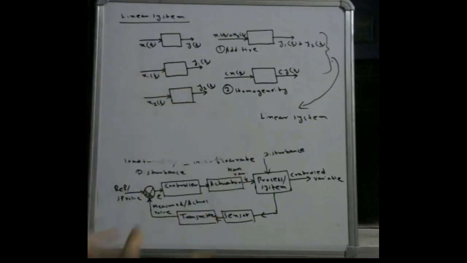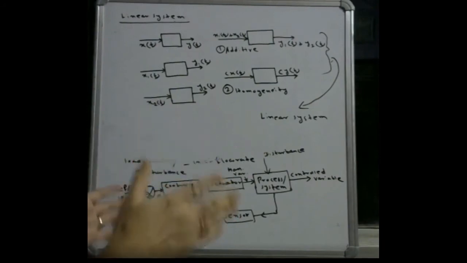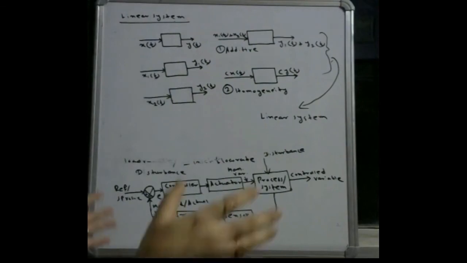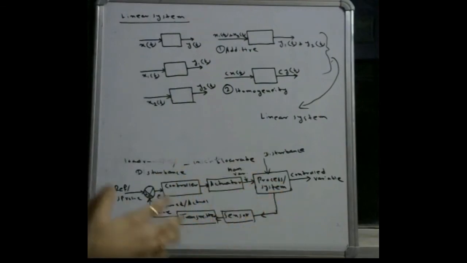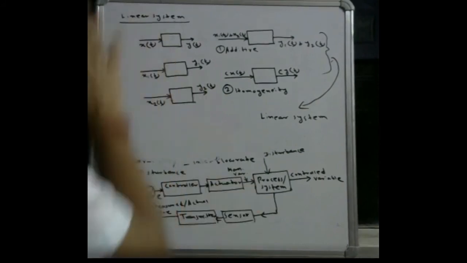Now, when all the causes are applied to the system as a whole, then the output will be the summation of each effect. That means we consider the effect of each cause, and if we apply all the causes at a time, the effect will be the summation of each effect happening individually for each cause.